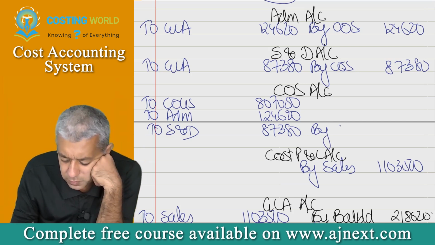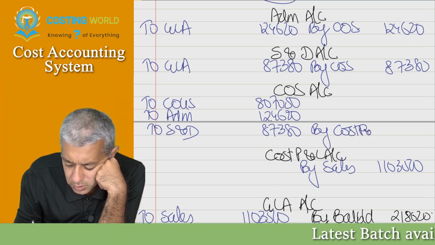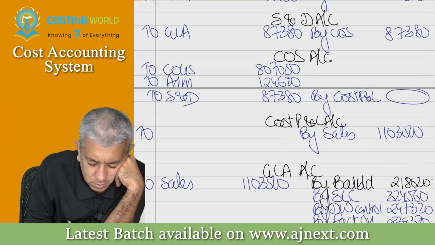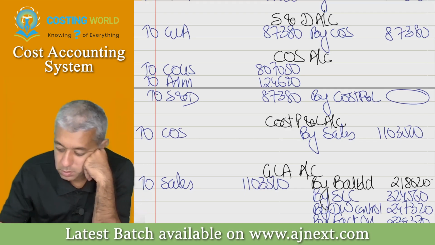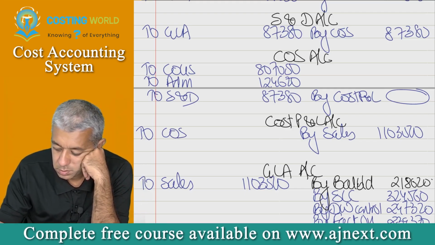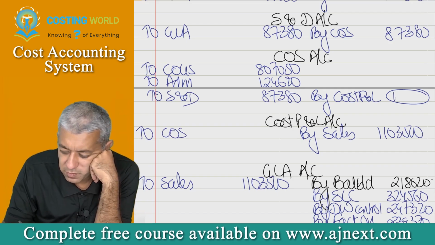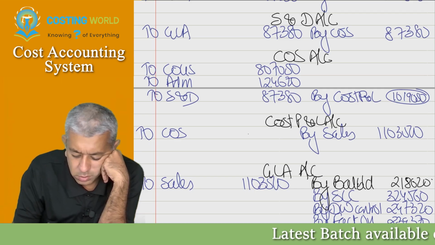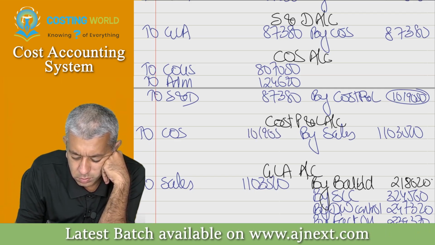Close off your cost of sales account and transfer it to the costing P&L account, please. Is it 1,019,050? Yes, sir.